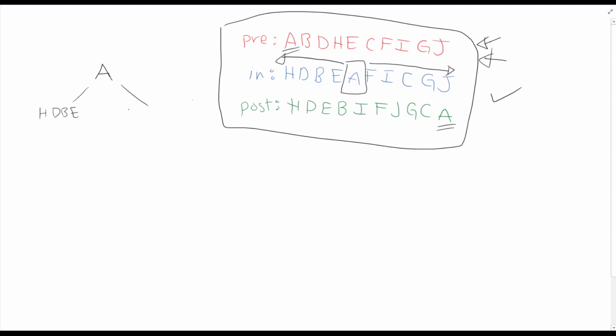And these other nodes, F, I, C, G, J, must all be in the right subtree of A. So the Inorder is actually giving us crucial information. Now I don't want to write it like that, of course. I want to build the tree up, but I can get it from this information here.